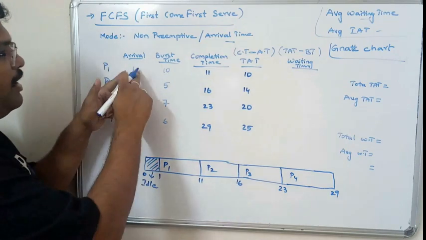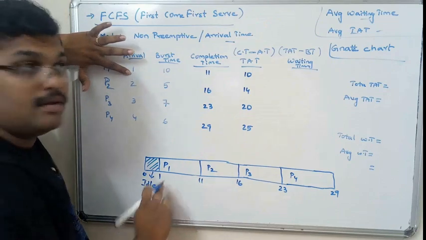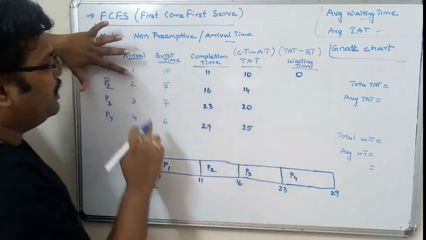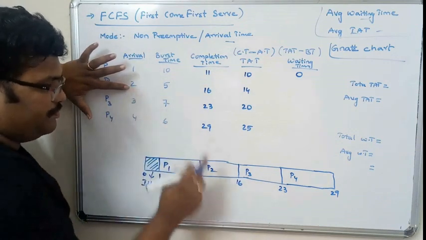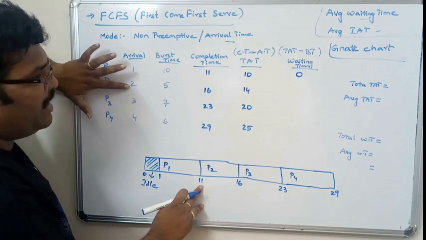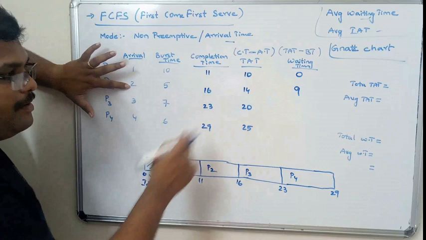Now the waiting time. P1 arrived at 1, the CPU is allocated at 1. So obviously it will be 0. Waiting time is turnaround time minus burst time. P2 arrived at 2, started at 11, right? 11 minus 2 it's 9. So 14 minus 5 it's 9.